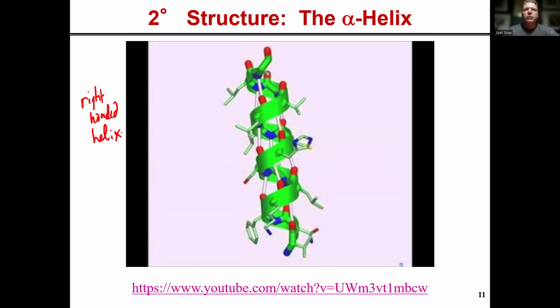Now, when we look at this structure and you hear right-handed helix, I think it's the sort of thing that you look at and think, neat, okay, cool, got it. But here's where it gets a little bit, I don't know if I would say complicated, but you have to adapt your mind to think about it this way. So take your right hand, and imagine that the palm of your right hand is facing you.